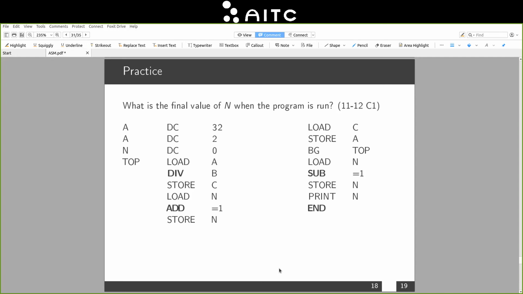What about C? C is 999 quotient 2, which means, sorry, give me a second. Let me see.